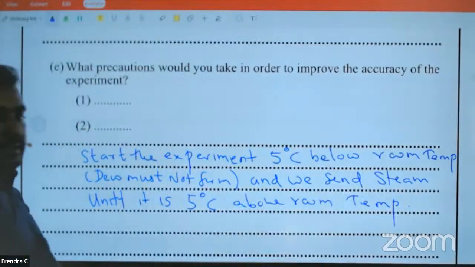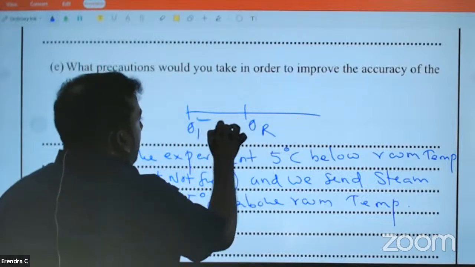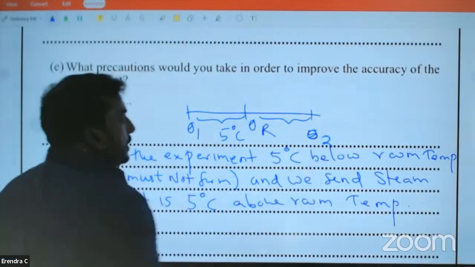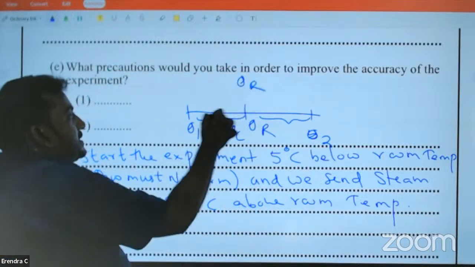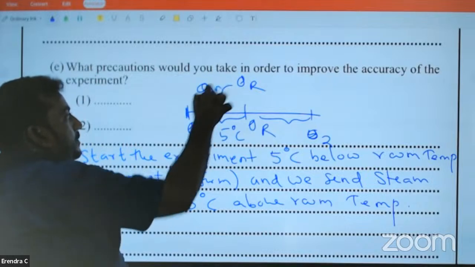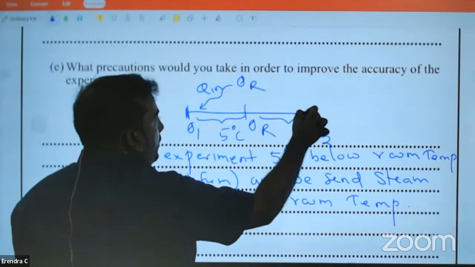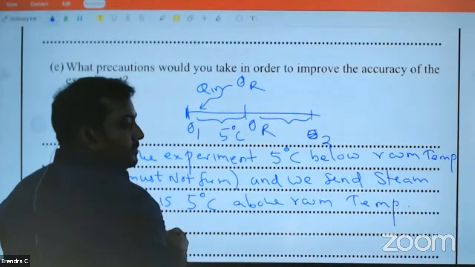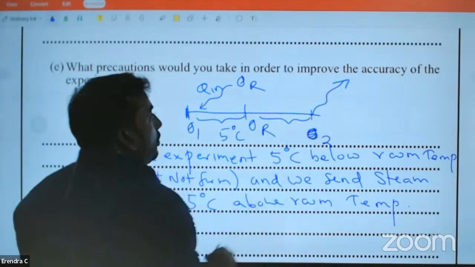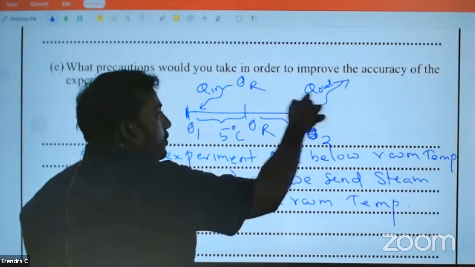Why are we starting 5 degrees below and finishing 5 degrees above? Simple. Room temperature is there. If you start below, heat will come in from the room. If you finish above, heat will go out from the vessel to the room. Heat coming in and heat going out will cancel off.